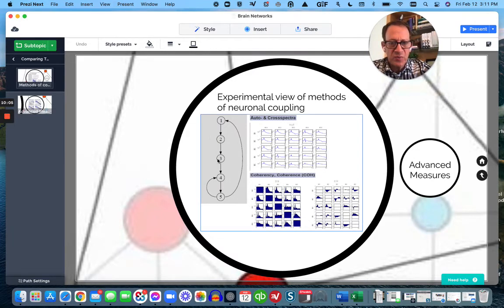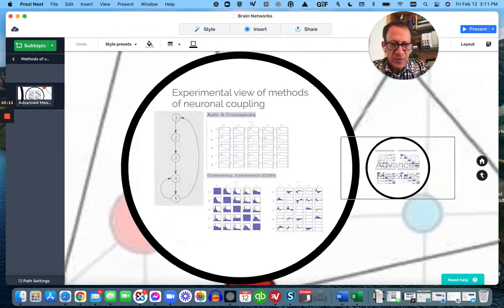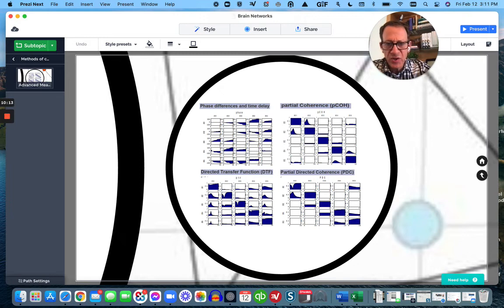Otherwise, there'd be arrows between every possible connection. Okay? We can look at other metrics of coherence, what we call imaginary coherence, phase differences. And it's not until we get to this model of what's called partial directed coherence that we actually get the relationships that exist in the model as precisely as possible.